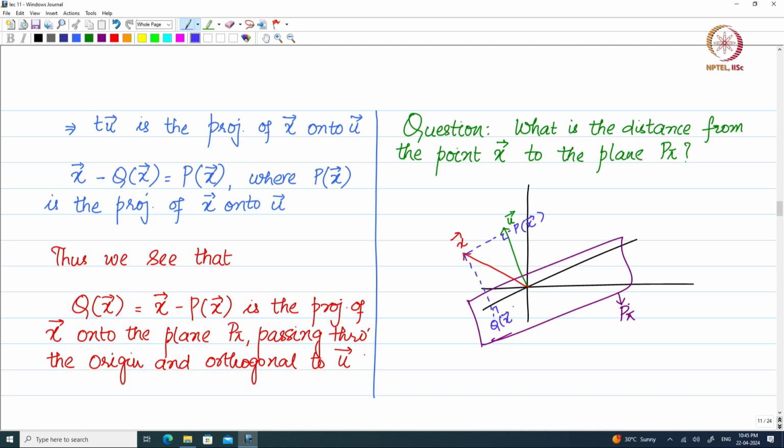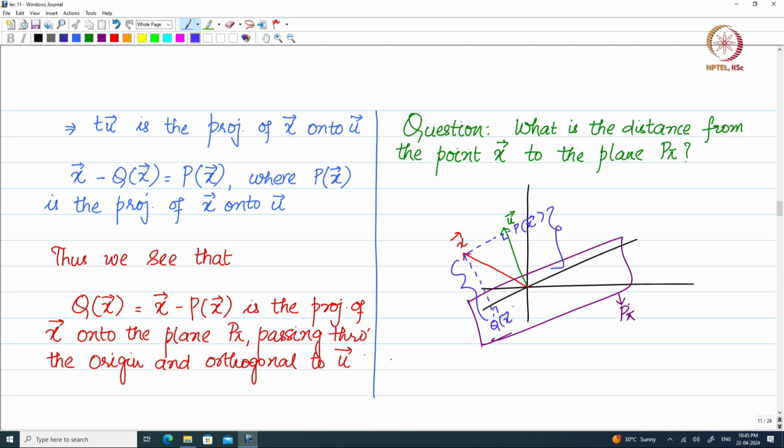So, what we want is the distance between this point x and the plane, which is exactly the length of the projection of this vector x onto the direction of u.